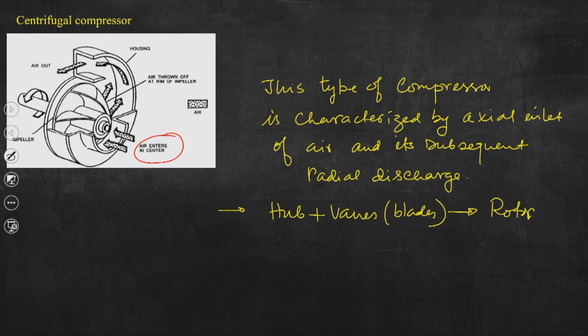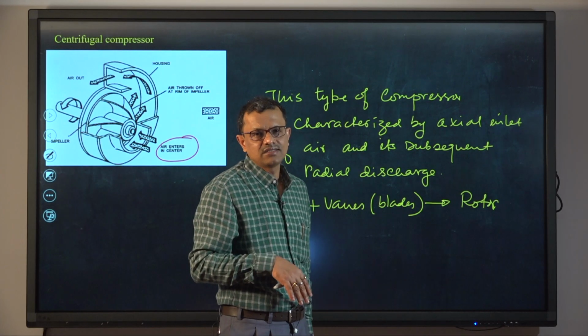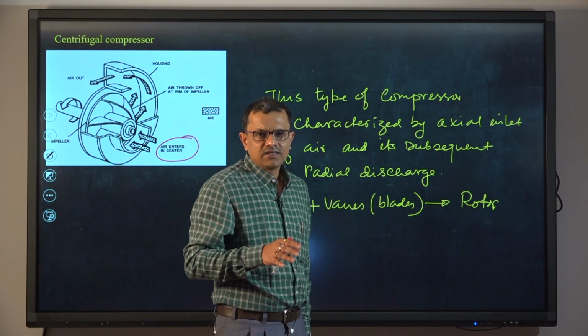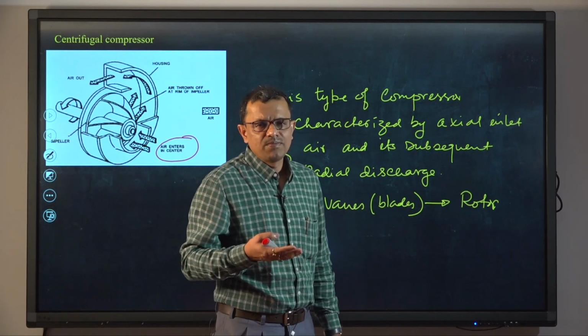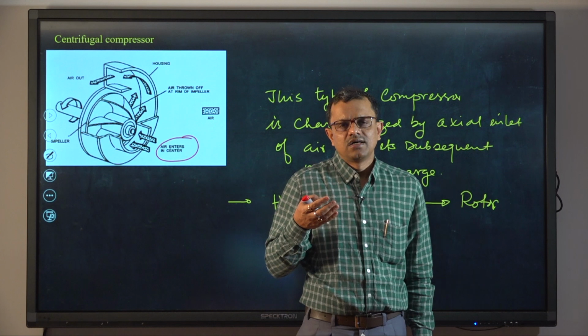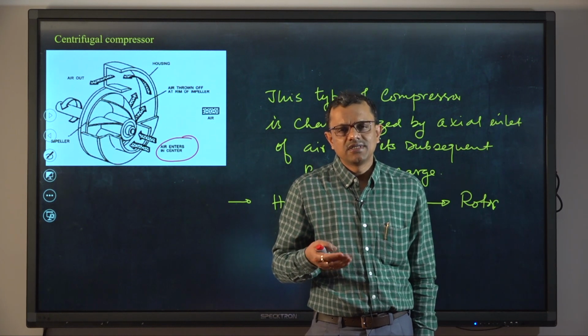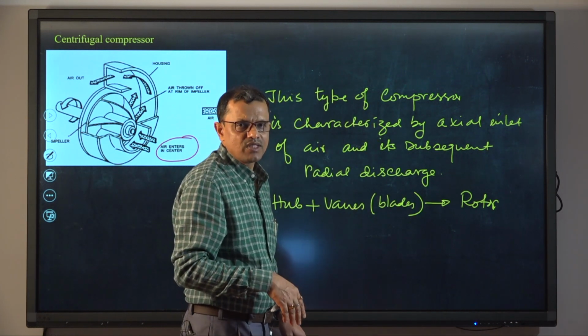So, there are a group of vents mounted on this hub, the entire assembly is known as the rotor, and the total pressure rise is shared equally by all these vents or blades. So, this is all about the centrifugal compressor, and superchargers may include either a positive displacement type compressor or a centrifugal compressor to increase the pressure of the intake air.